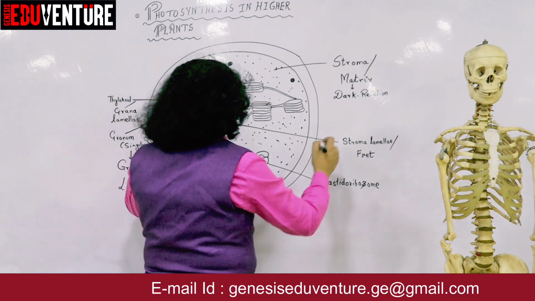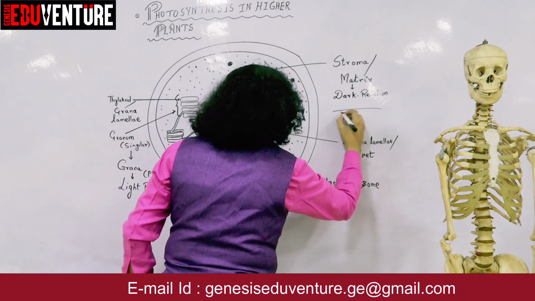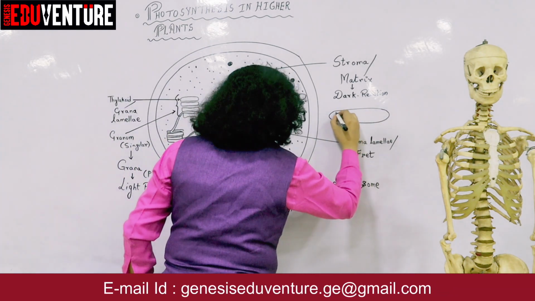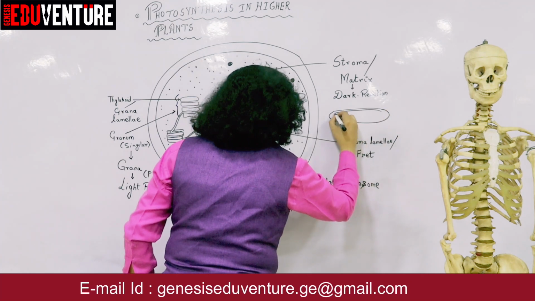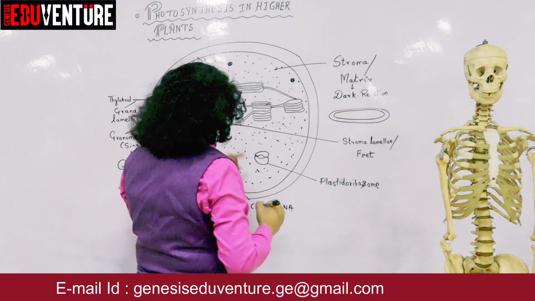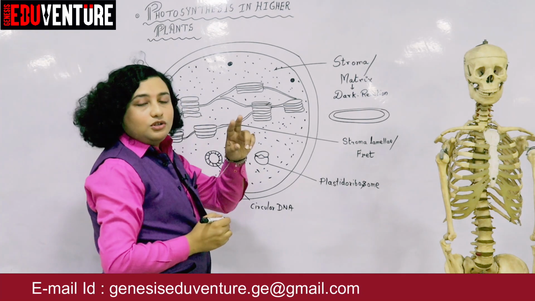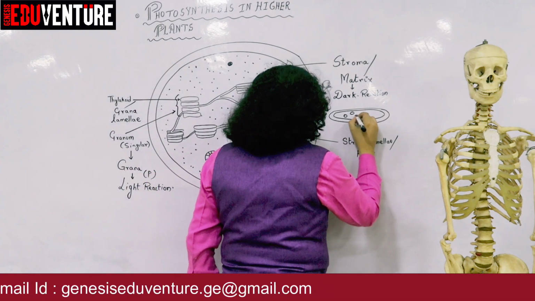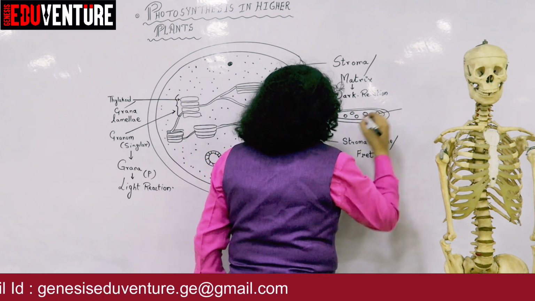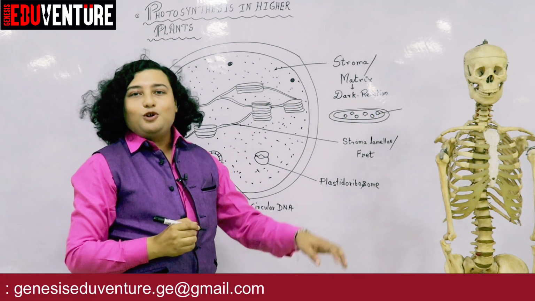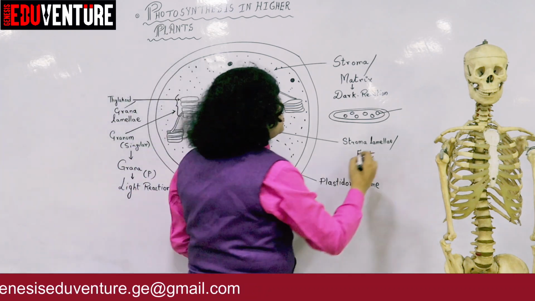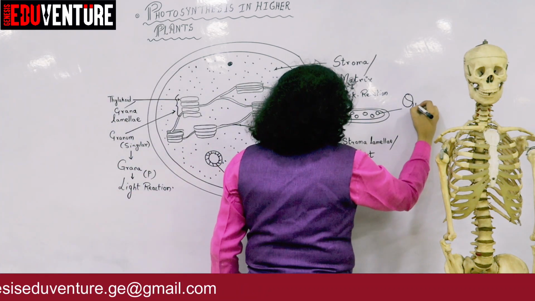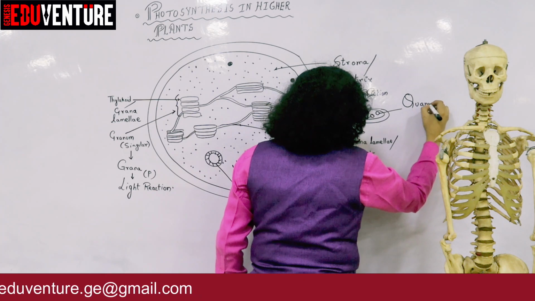That means if we take a single thylakoid or sac-like structure, which also consists of two membranes, within this thylakoid it was initially believed that there are small sac-like structures, initially referred to as quantosomes.